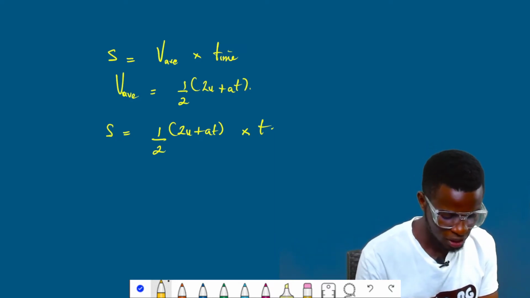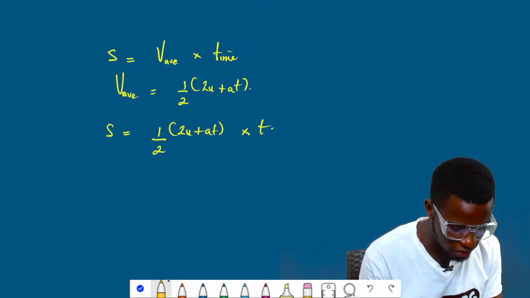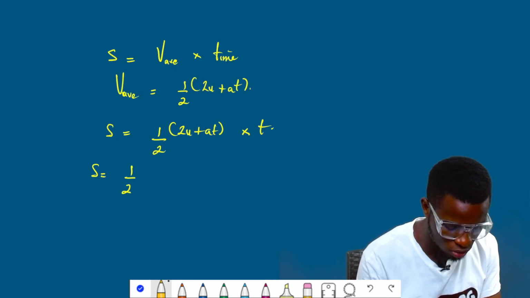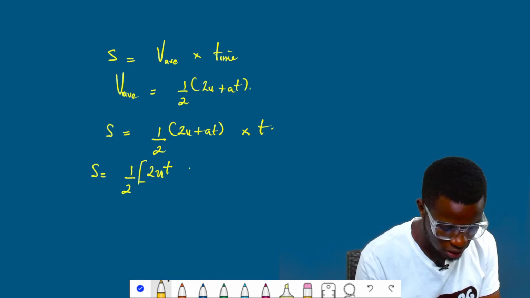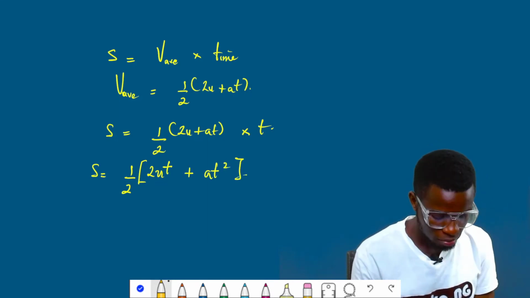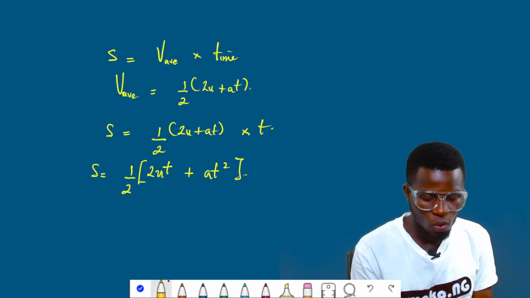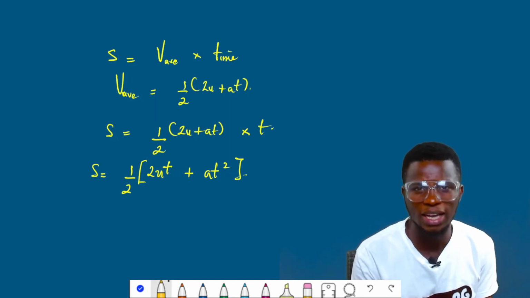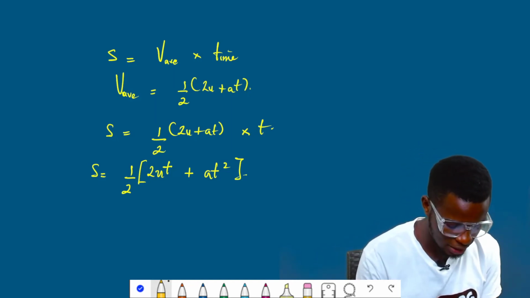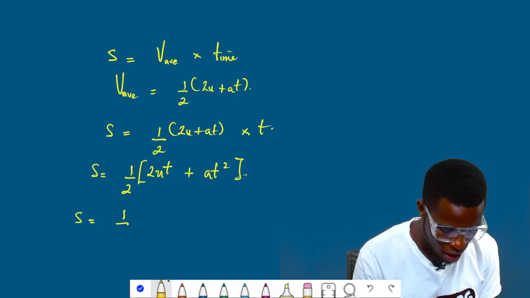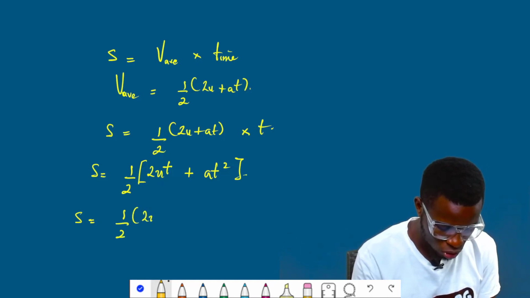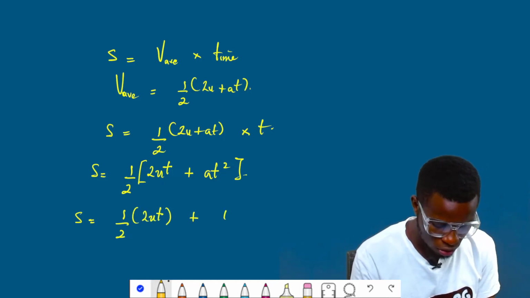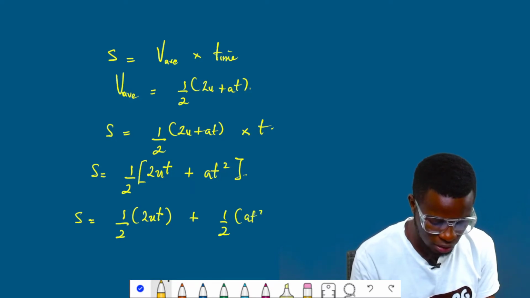Okay, so if we open the bracket, we have s equal to 1 over 2 times 2ut plus at squared. Okay, because 1 over 2 is multiplying everything in the bracket. So we can decide to split them into two by saying s is equal to 1 over 2 times 2ut plus 1 over 2 times at squared.